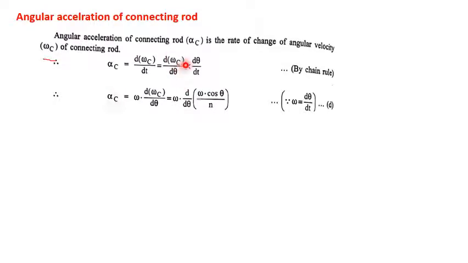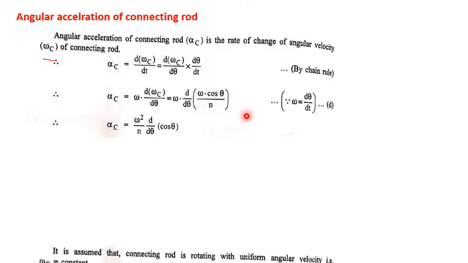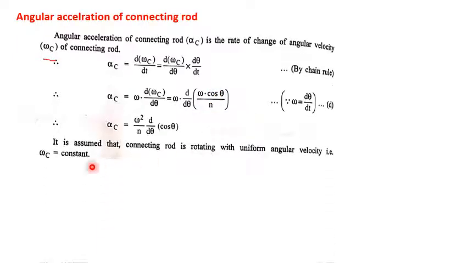From the previous equation we got omega c is nothing but omega into cos theta divided by n. So we have to differentiate this equation. After differentiating, this is constant, take it outside the differential. So we have to differentiate only cos theta with respect to d theta.